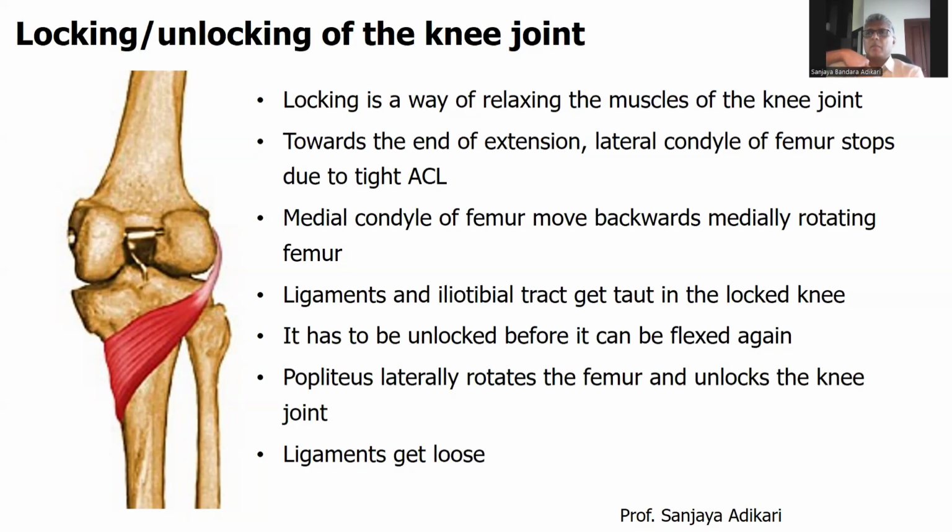That lateral rotation of the femur on tibia is done by the popliteus muscle, which is a muscle in the posterior compartment of the leg, attached to the lateral condyle of femur. So when the muscle contracts, the femur will get laterally rotated on the tibia. Then once that is done, you can flex it again. Okay, so this is locking and unlocking of the knee joint. If someone asks you, you should be able to describe it in that order.